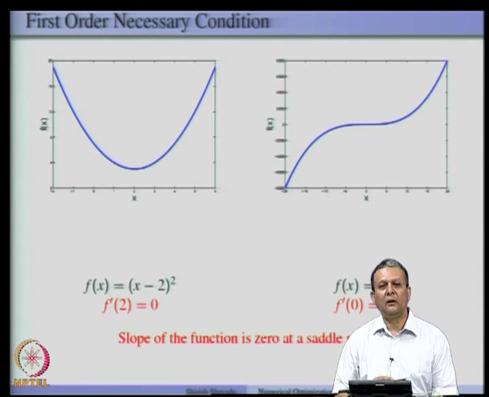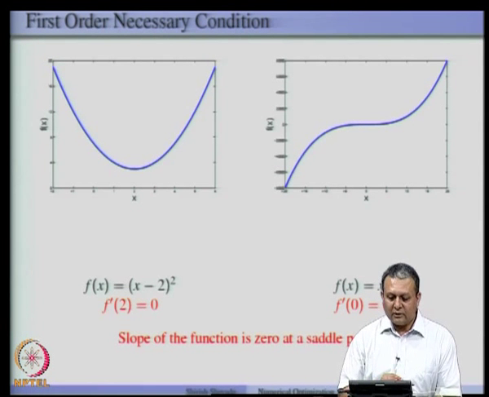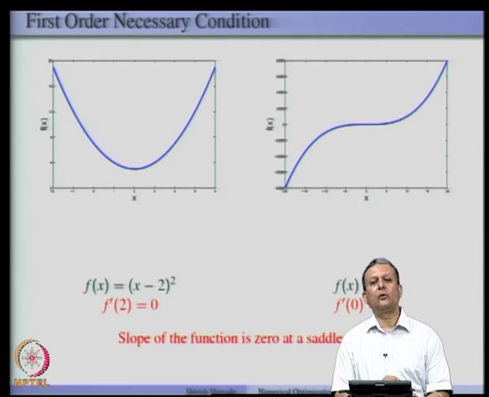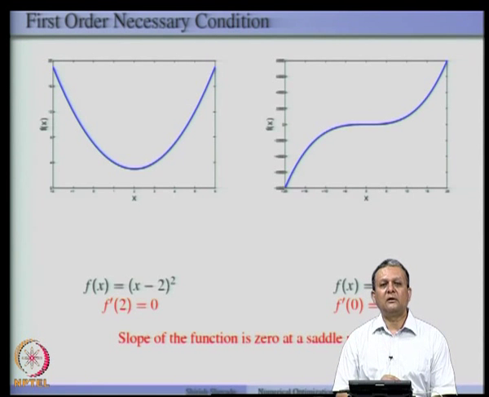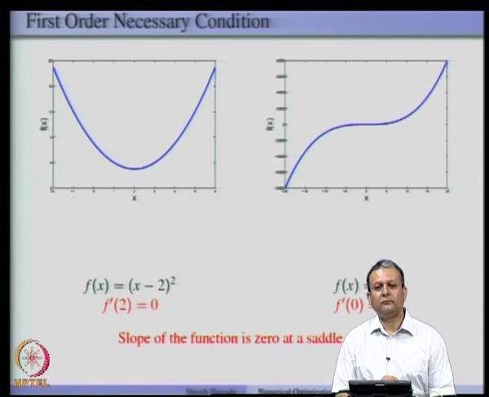So, the points at which the slope of the function is 0, such points are called saddle points. Sometimes people also call them stationary points. The saddle points really do not give us any idea about the local minima or maxima.